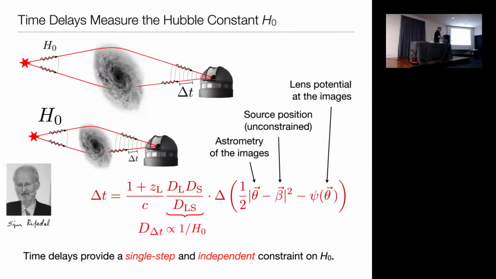Now, how does this work? That's the Norwegian guy who invented this effect. Essentially, the principle of the measurement is that the time delay between two different images of your quasar or variable source, which can be a supernova, depends on the lens redshift, the redshift of the source, and the ratio of the three distances: between you and the lens, you and the source, and between the lens and the source.